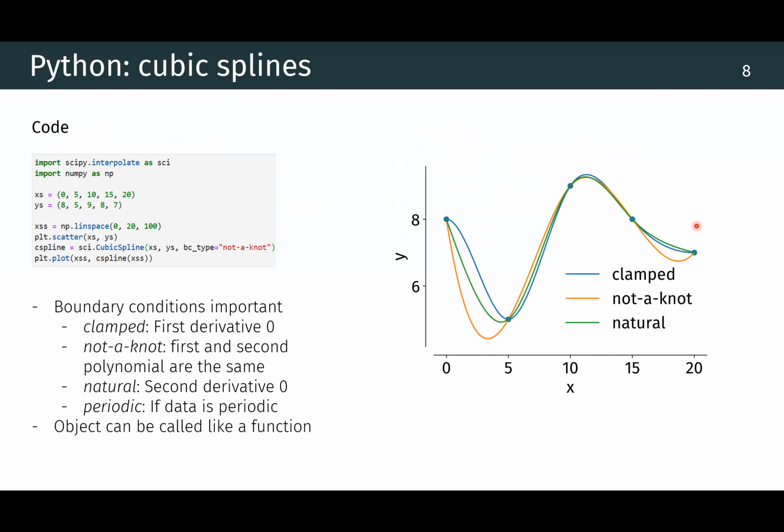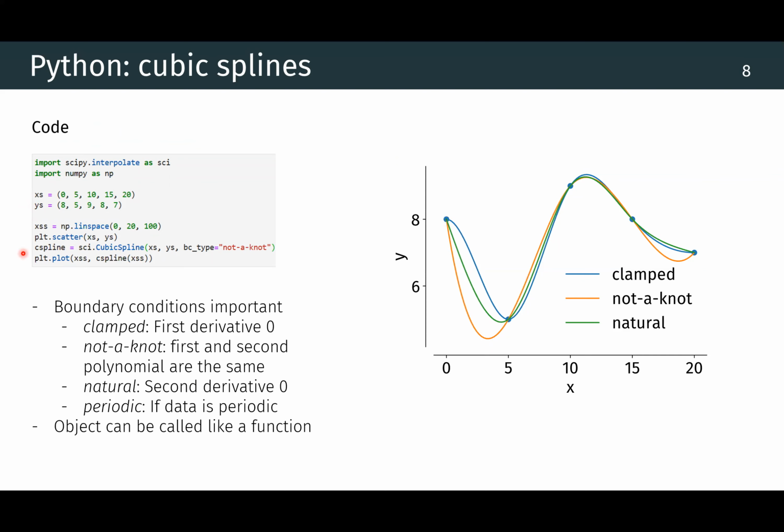Let's have a look at the code on the left first. At first, we need to load SciPy interpolate. I like to abbreviate that, otherwise your code is going to be littered with SciPy interpolate everywhere. So again, we have this abbreviation, and we load numpy just as before. Now we have some x and y values. Those are just the values behind these points.